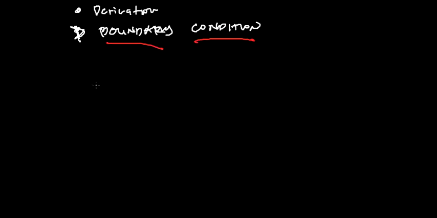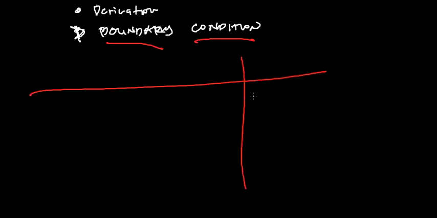So for example, say we have this wall. Say this is our system.